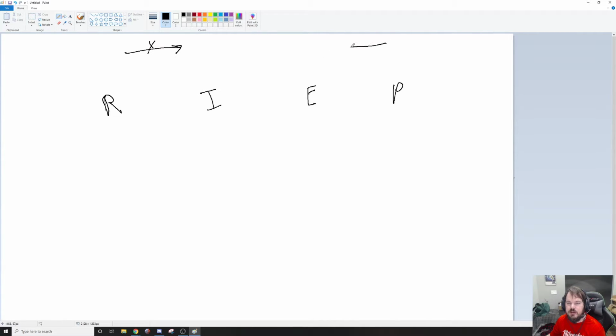If you're going this way, you divide the two columns to get the next column. You can skip, so you can do P divided by I to get E. So you can skip a column to get the column that you skipped.